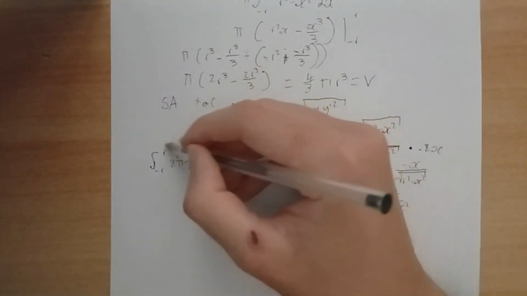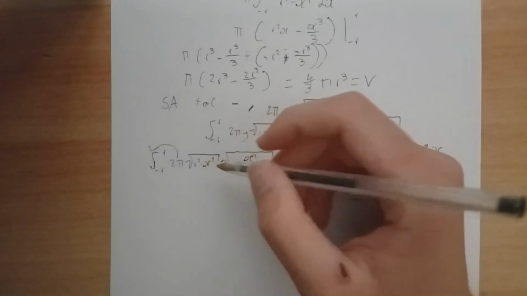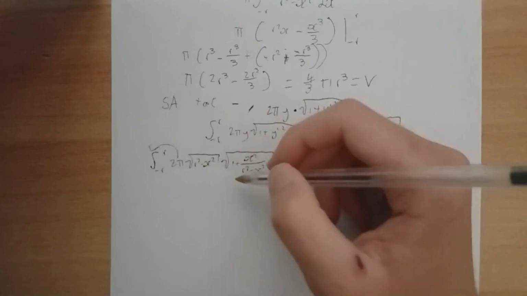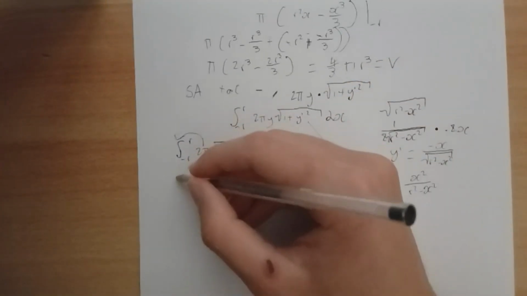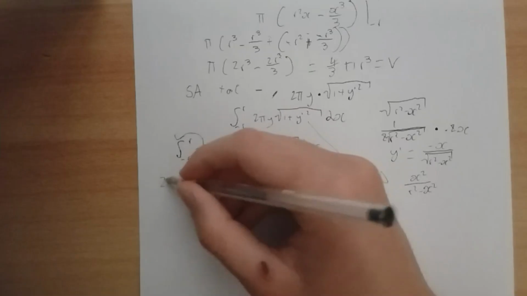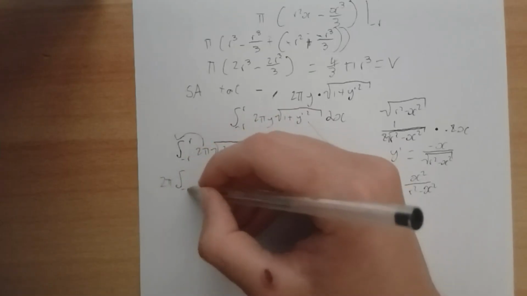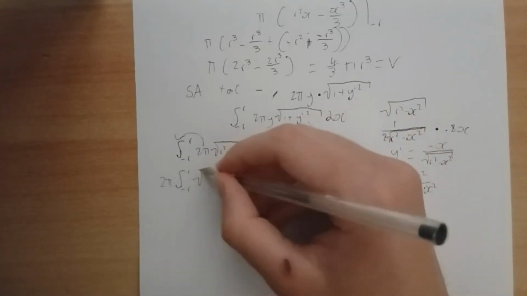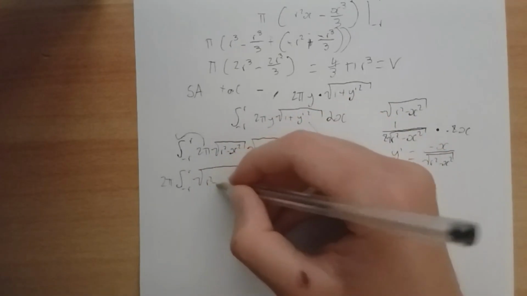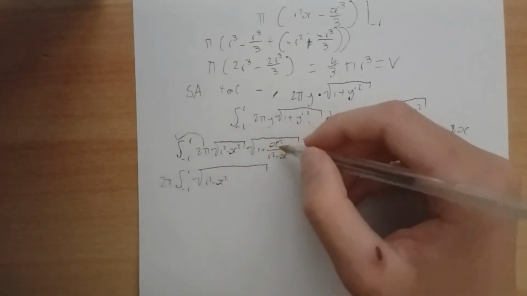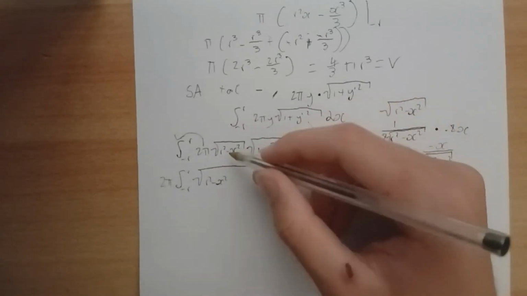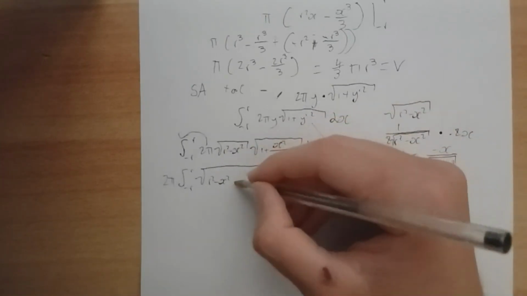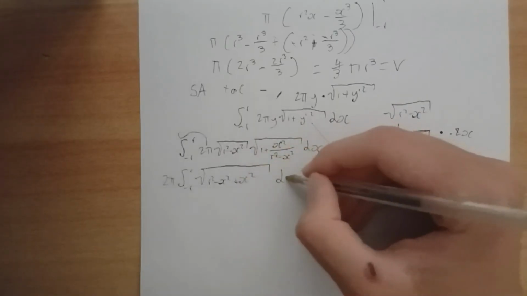We can bring the 2 pi out since it's a constant, and we can put these into the same radical. So this becomes the square root of r squared minus x squared, times 1, plus this gets multiplied by r squared minus x squared, so these cancel, and it's just left with x squared, so plus x squared dx.